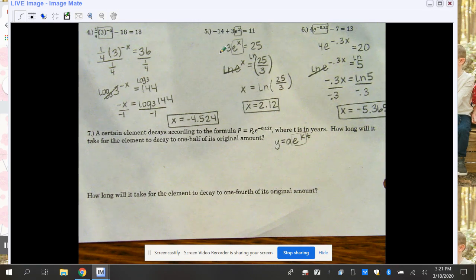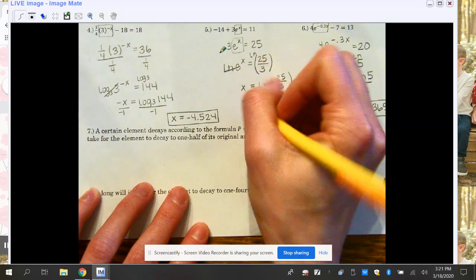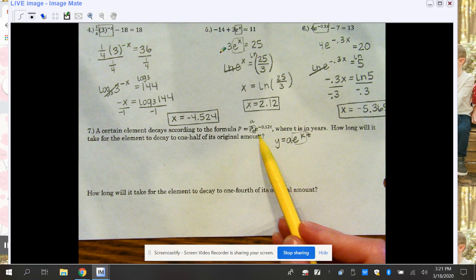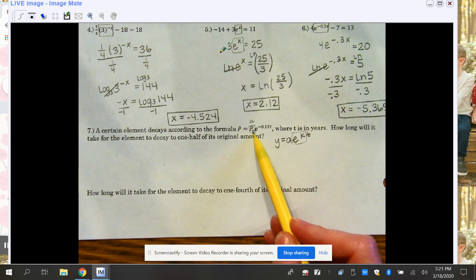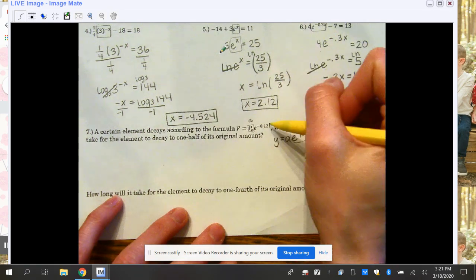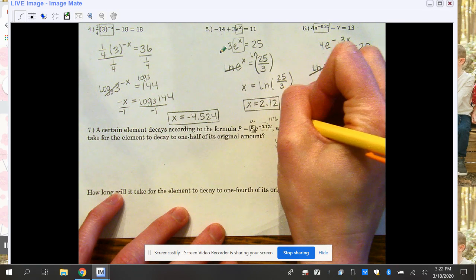So in this problem, P sub 0 represents our initial amount, right? And anytime you see that subscript of 0, that's what that means. What is it after 0 time has passed? This tells us that we are at 12% decay because it's negative.